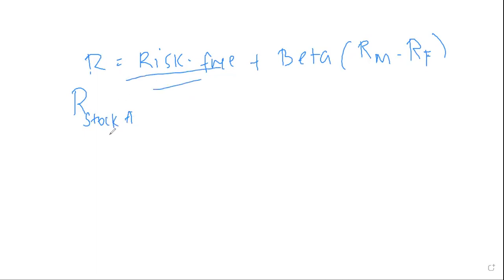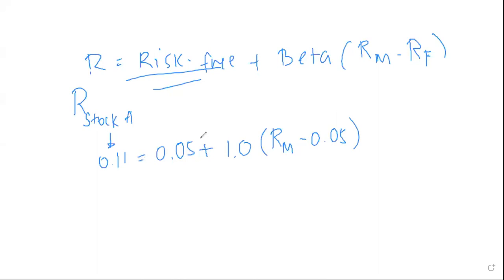Return for stock A as given was 11%, so 0.11 is equal to risk-free rate of 5%, so 0.05, plus beta as given, 1.0, times RM or market return, which we don't have, minus the risk-free rate of 0.05.